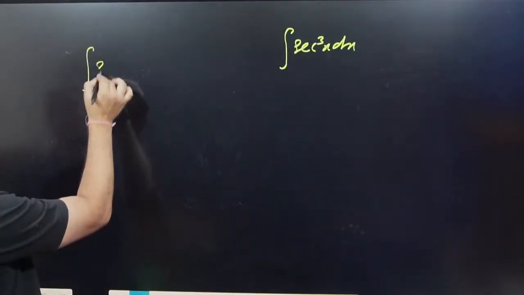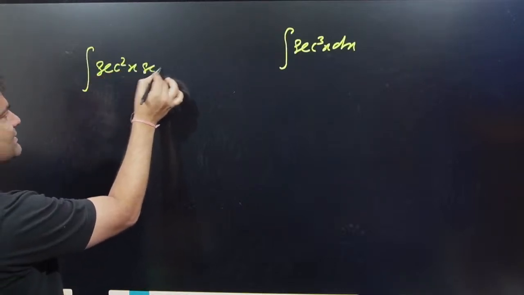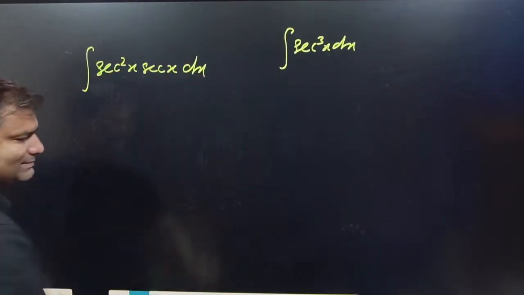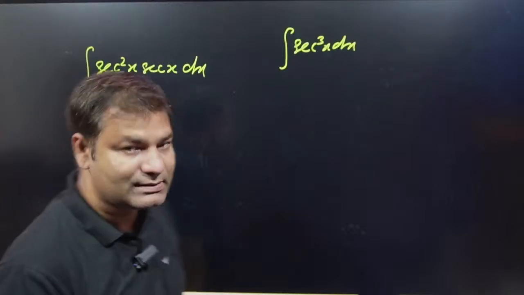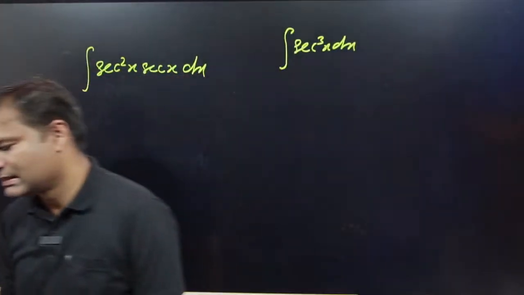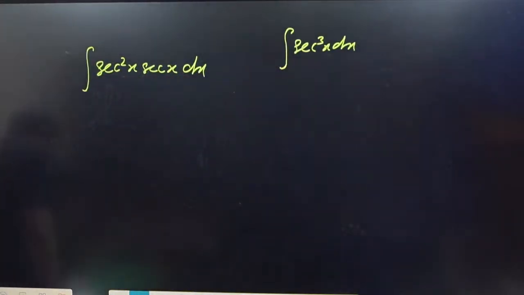Sec cube is basically sec square x into sec x dx. Sec cube is written as sec square x into sec x dx.